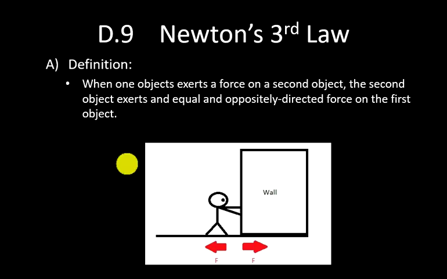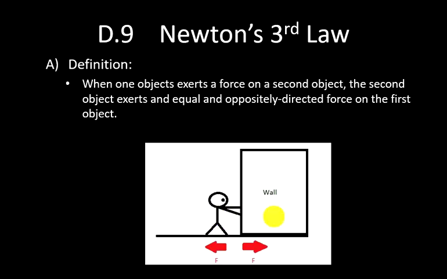All right, so starting us off, the definition of Newton's third law says when one object exerts a force on a second object, the second object exerts an equal and oppositely directed force on the first object. And I have this diagram here to emphasize. Let's say you're pushing on a wall.